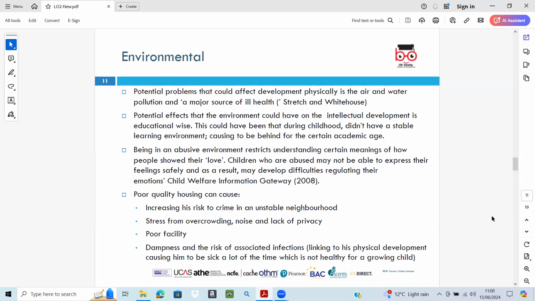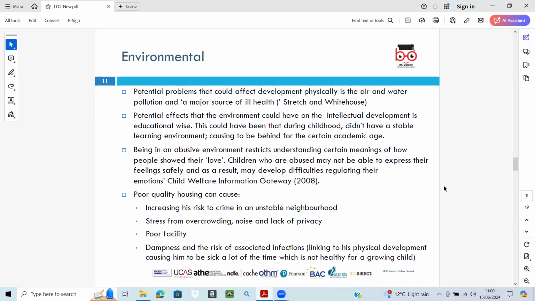Here we have to discuss the environmental factors, and again it is related to childhood. We can say that environmental factors such as air and water pollution, quality of housing, and social surroundings all play a crucial role in shaping a child's growth and overall well-being. So we have the impact of air and water pollution.